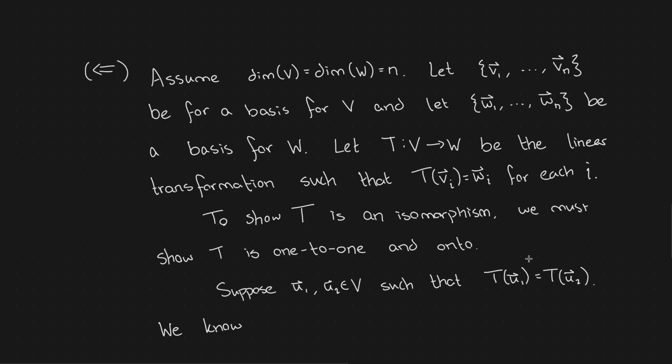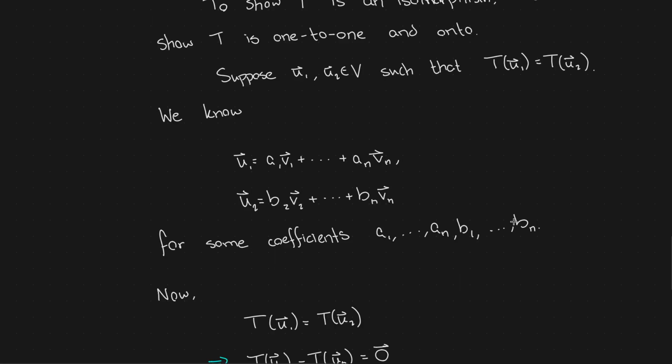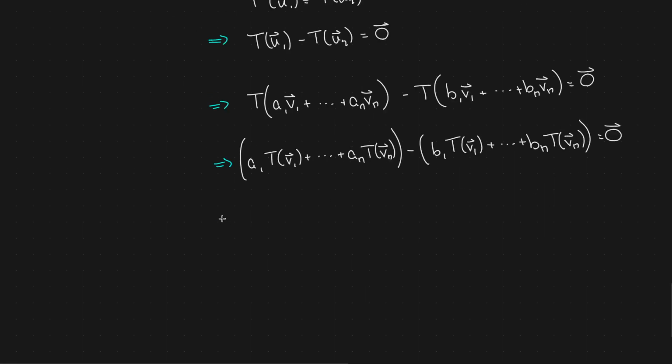We defined our transformation T so that the transformation of vi is equal to wi, the vector in the basis for vector space W. So I can substitute out T v1 for w1 and all the other T's for the appropriate vector in the basis of vector space W. So T v1 is w1 and T vn is wn.